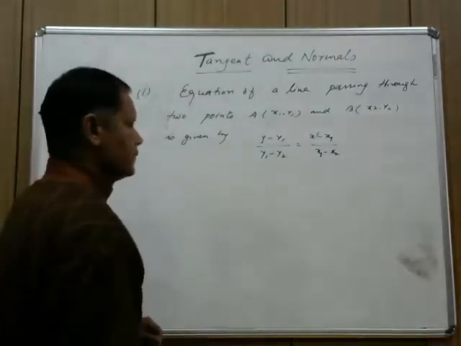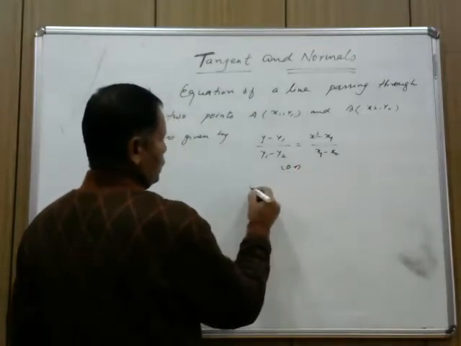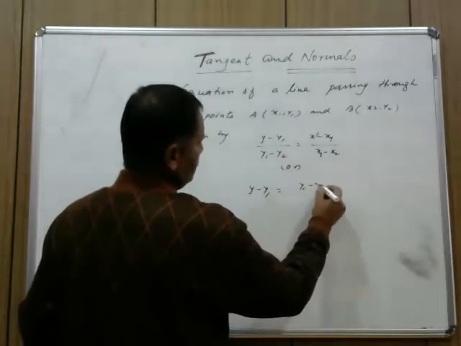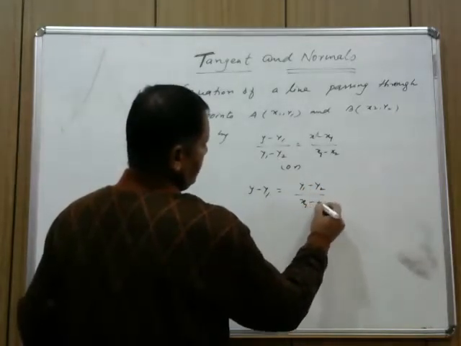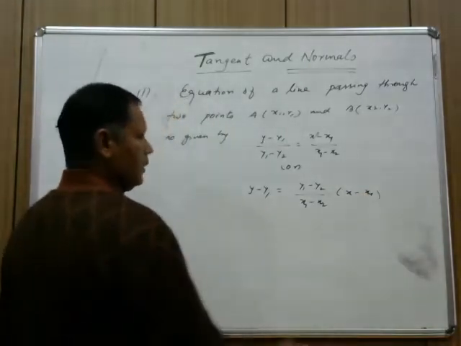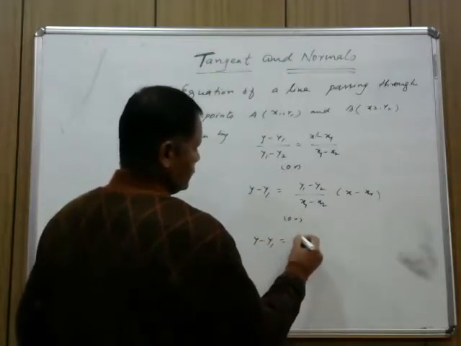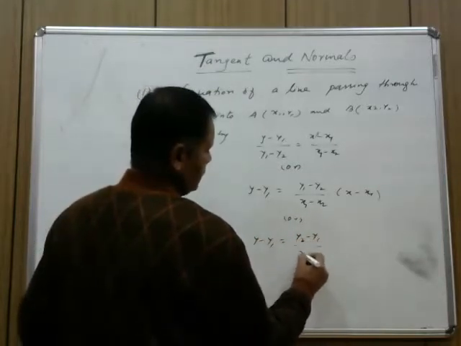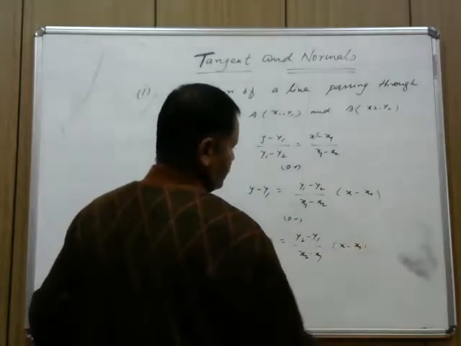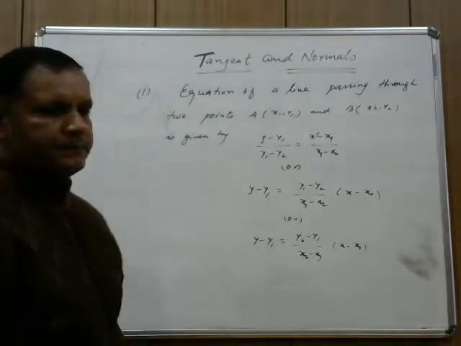This equation you will find in the book written like this: y minus y1 is equal to (y1 minus y2) upon (x1 minus x2) into (x minus x1), or y minus y1 is equal to (y2 minus y1) upon (x2 minus x1) into (x minus x1). Here one thing is also clear. See, all the three equations are same.